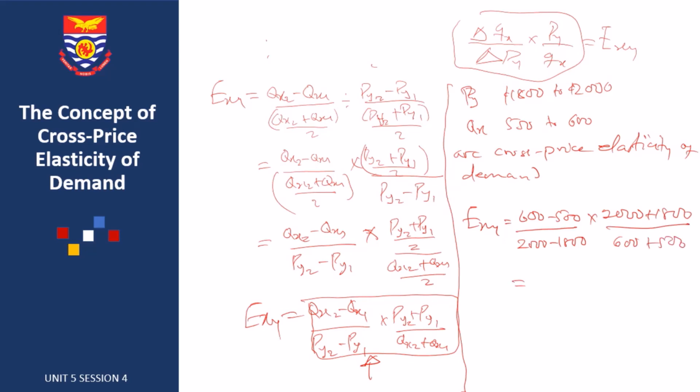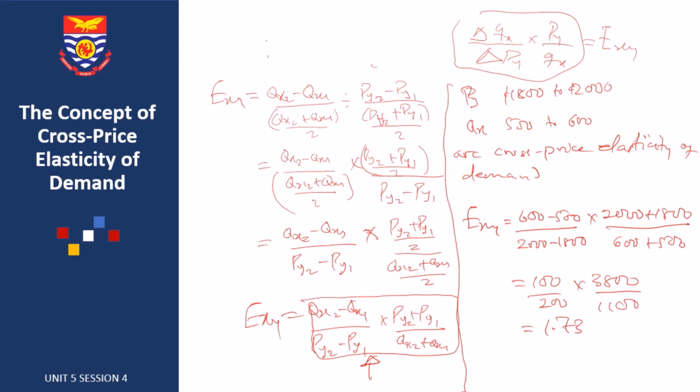That is going to give us 100 over 200 times 3800 divided by 1100. When you punch this on your calculator, you are going to have 1.73. And this indicates that a 1% increase in the price of Sprite will lead to a 1.73% increase in the quantity demanded of Coke.